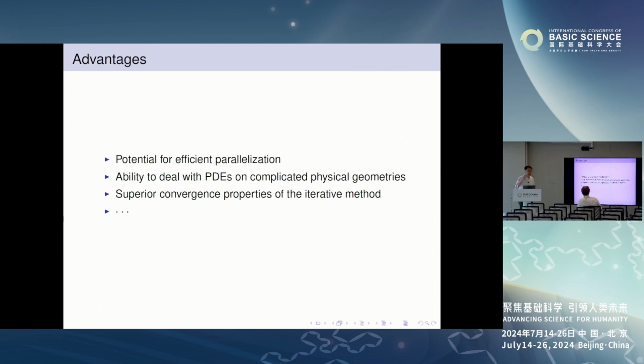You can use the domain decomposition method to decouple a complicated physical geometry into simple geometries, and then deal with the partial differential equation on each of them. Of course, this is a very important advantage.